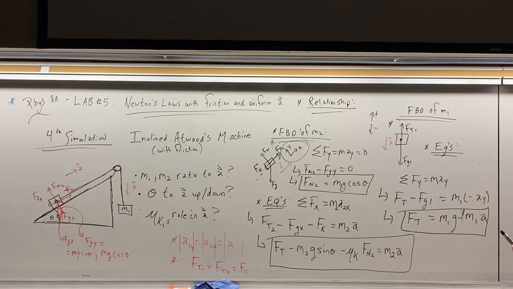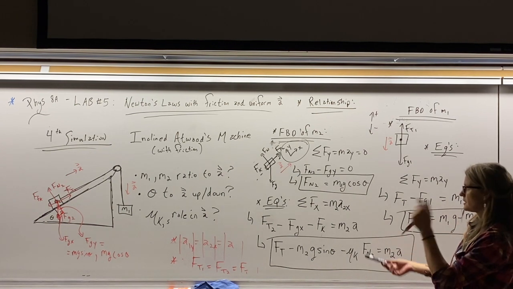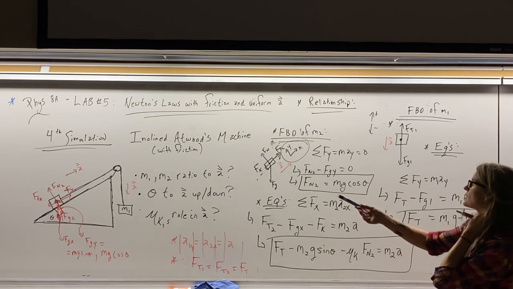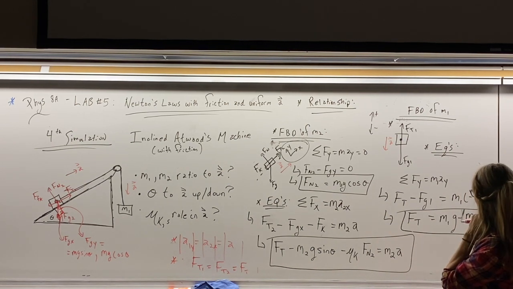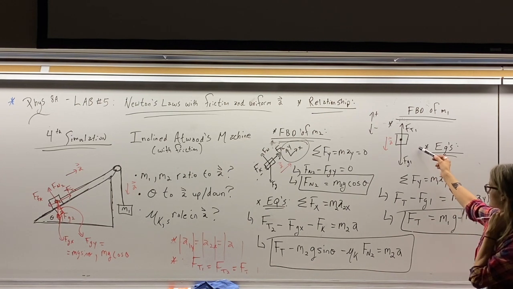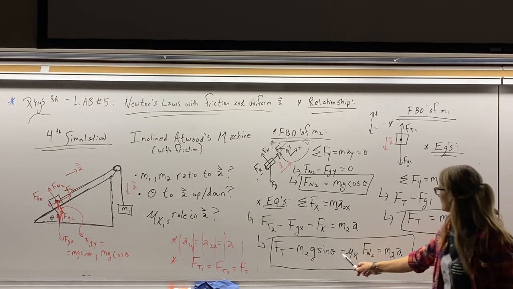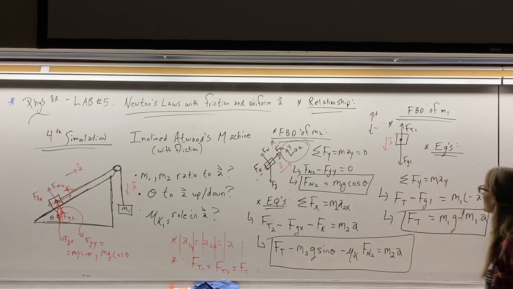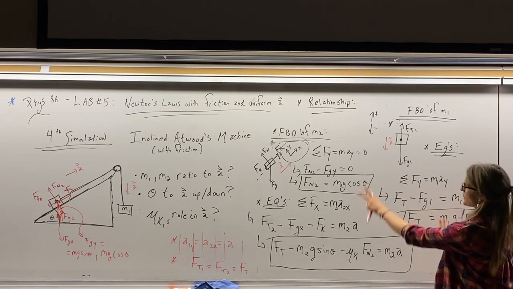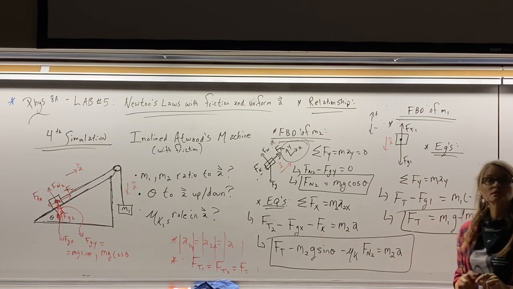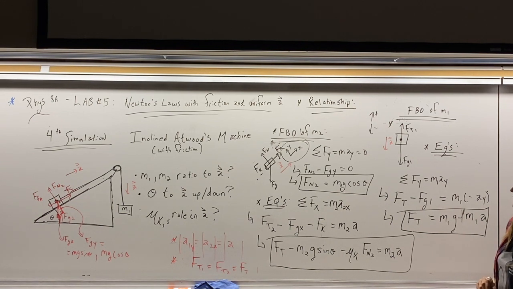And the only thing you have to watch out for is the normal force for 2. Well, that is only with respect to mass 2. We don't have a normal force in this case. But what we could do is solve for our angle based on different mass values, if we know our coefficients of friction. So we could use these 3 equations.